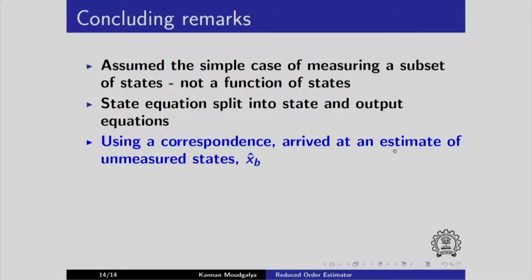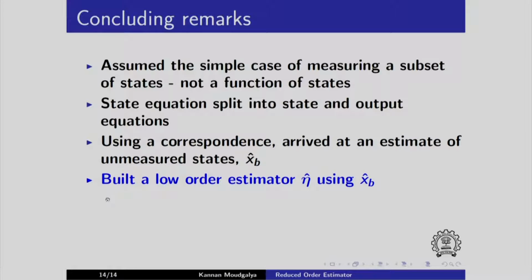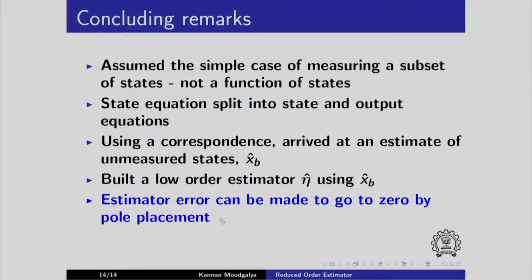We arrived at an estimate of unmeasured states. We called it xb hat. We built a lower order estimator x hat using xb hat. Estimator error can be made to go to 0 by pole placement. We will present an example in the next lecture.